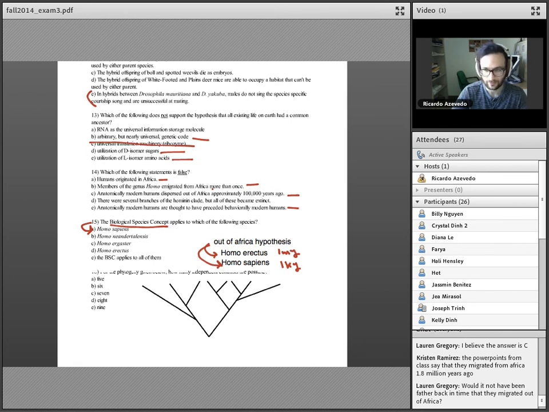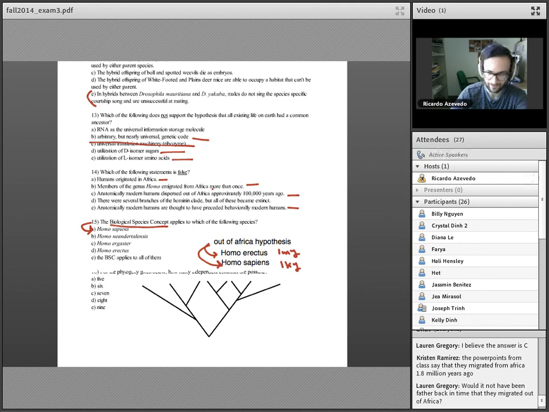All the other species of humans went extinct except for Homo sapiens. So that is why D is incorrect, and C is correct because the modern human species, the species we belong to, came out of Africa 100,000 years or so ago.